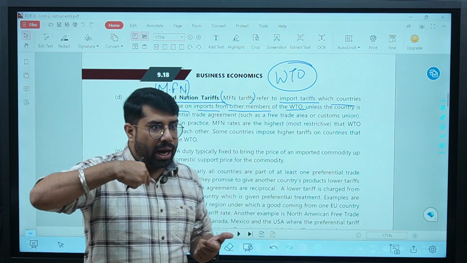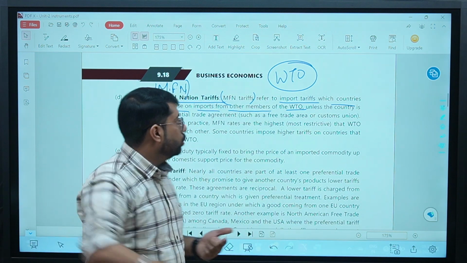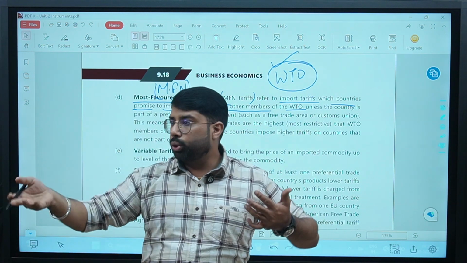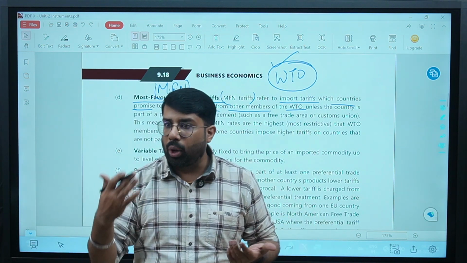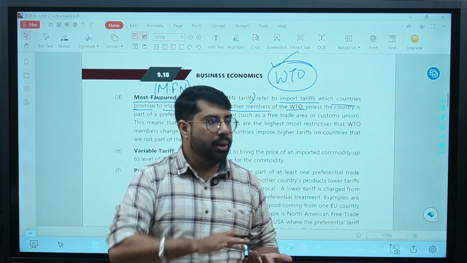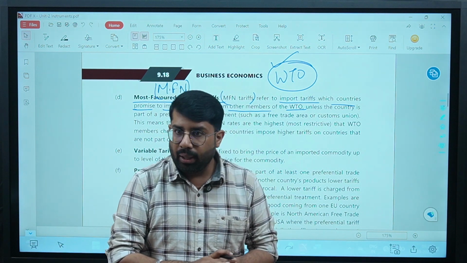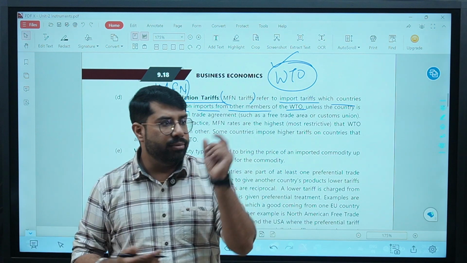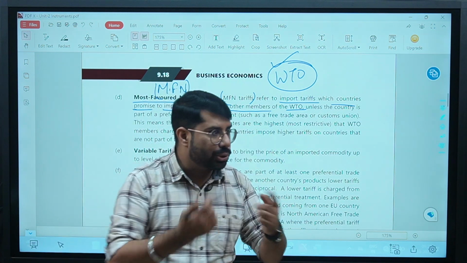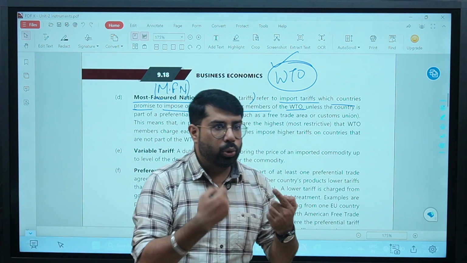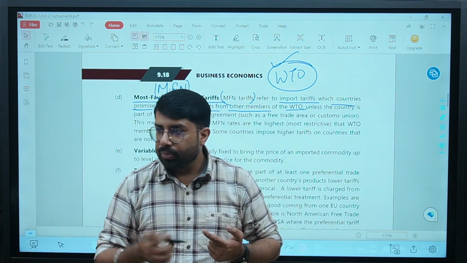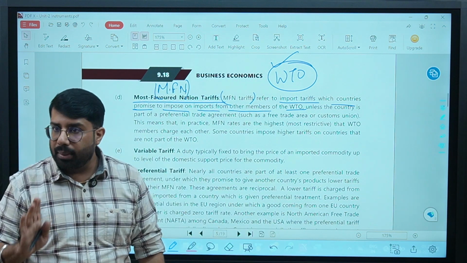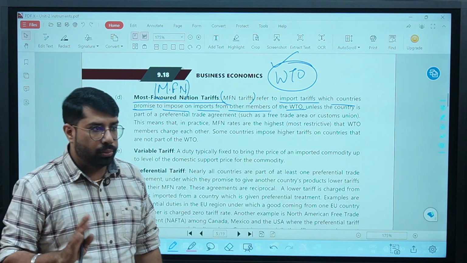Since we are members of one group known as WTO, we call ourselves most favored nations. Are you clear? So when the member countries of WTO promise to levy a particular amount of tax on the import and export of goods and services with each other, that tariff is what we call MFN tariff. Are we clear? Yes or no? Yes. Let us read it.